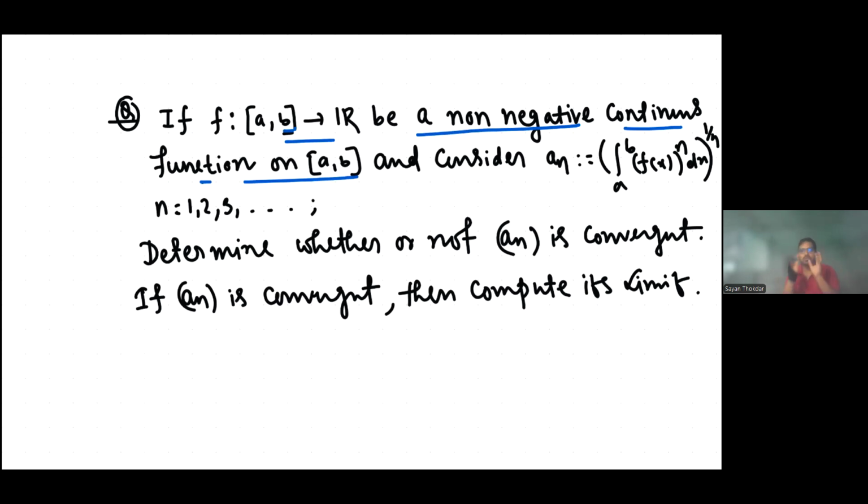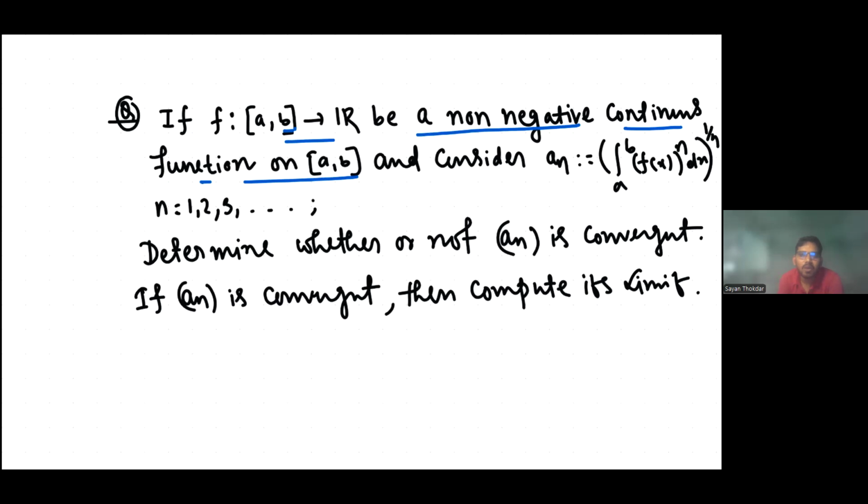Here f is non-negative, which means it takes only values greater than or equal to zero. It does not take any negative value. It can take either 0 or a positive value.